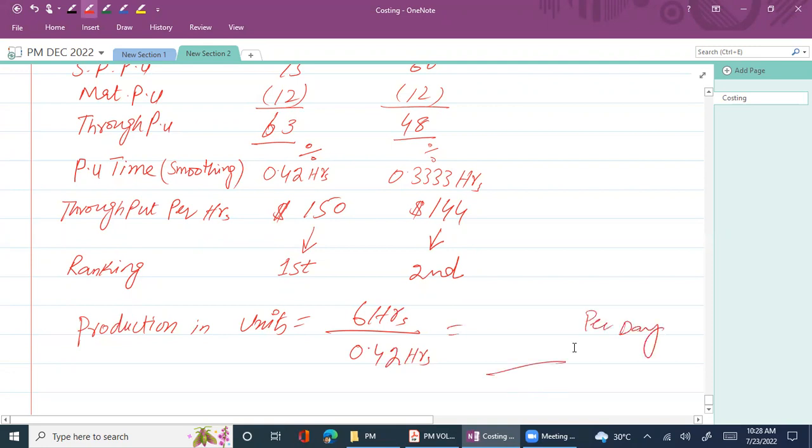I will not be producing beta, because I will go for the one option which generates more throughput, as there is no demand constraint. So this is our production plan for alpha, and no beta will be produced, because we are consuming the 6 hours of smoothing only for alpha.